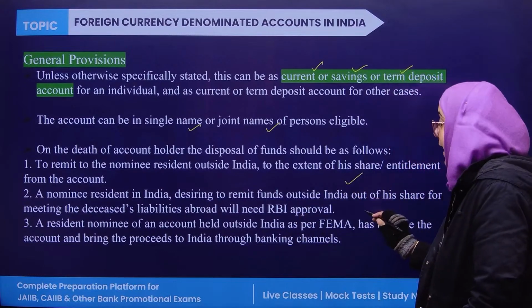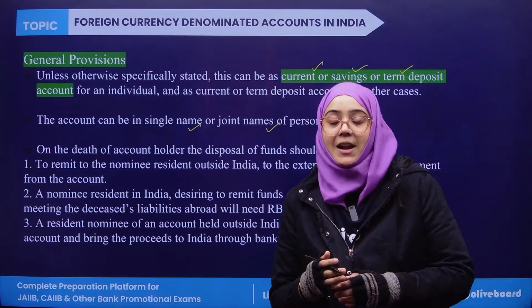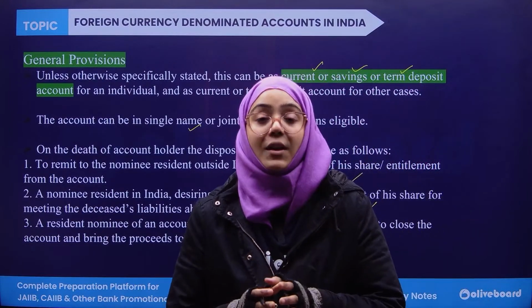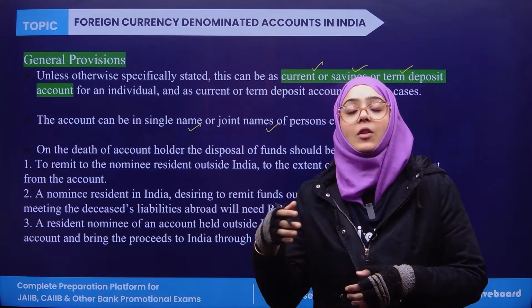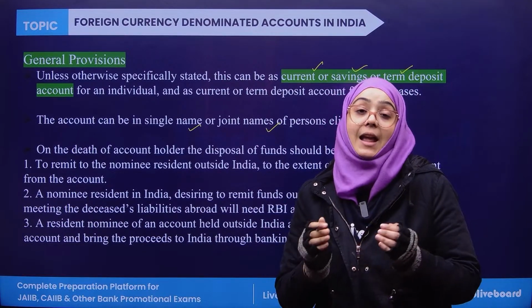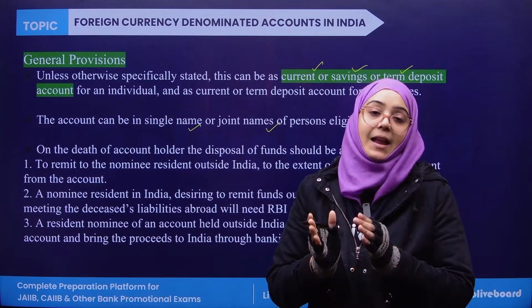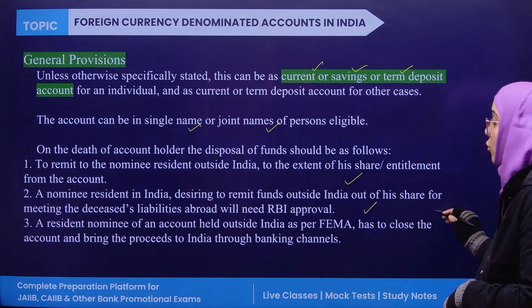Second, if you have made a nominee who is a resident Indian, the fund is transferred to them, and if that person wants to transfer any part of the fund abroad to meet the liability of the deceased person, this specifically needs RBI's approval, the Reserve Bank of India's approval.